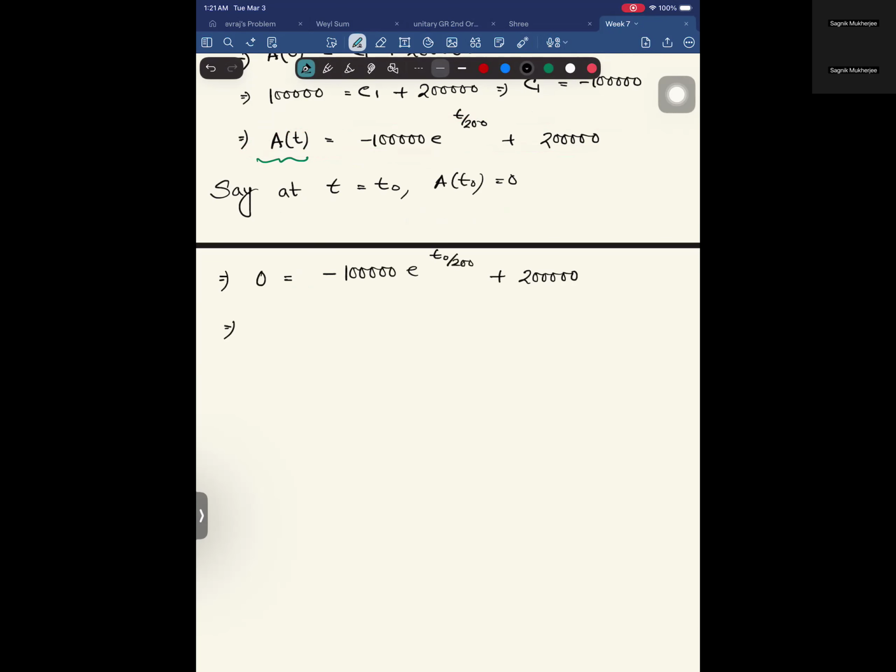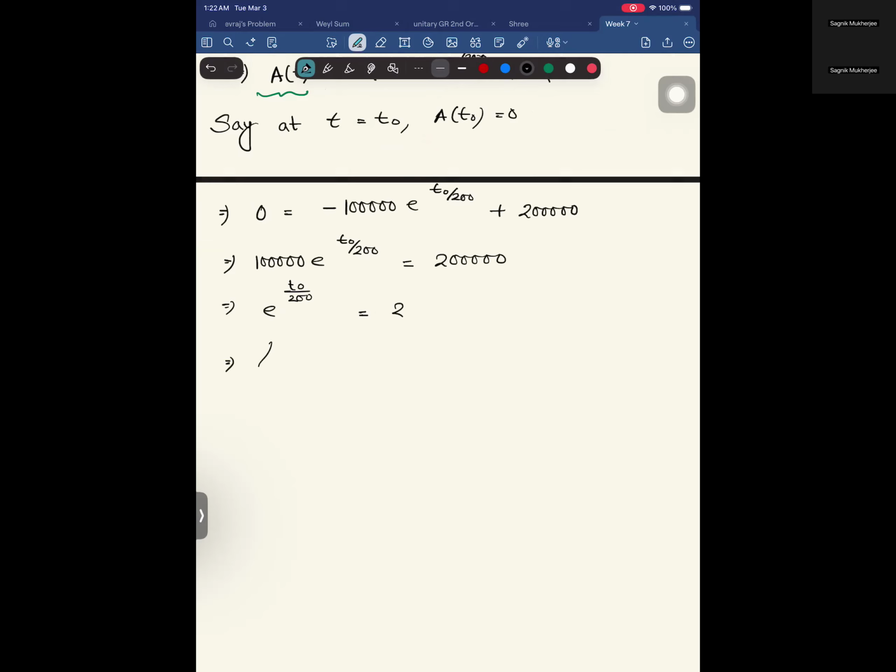That means e^(t0/20) equals 2, meaning t0 over 20 is log 2, meaning t0 is 20 times log 2, right?